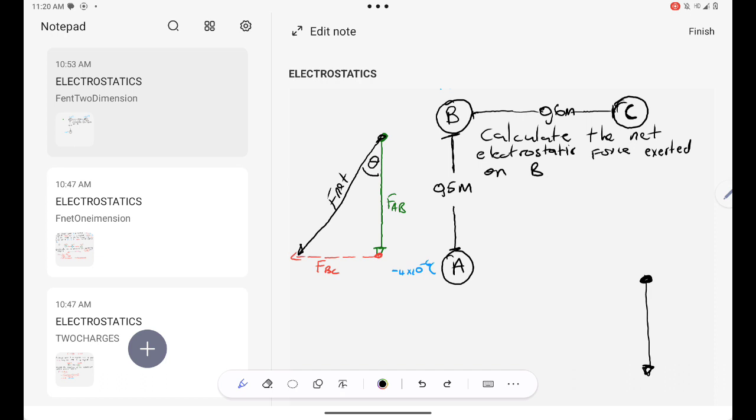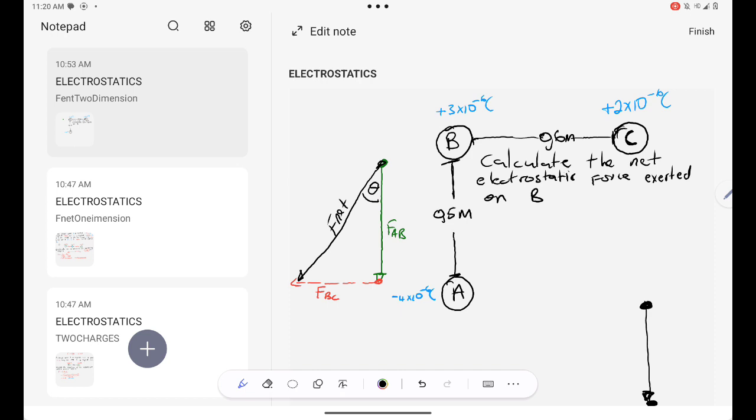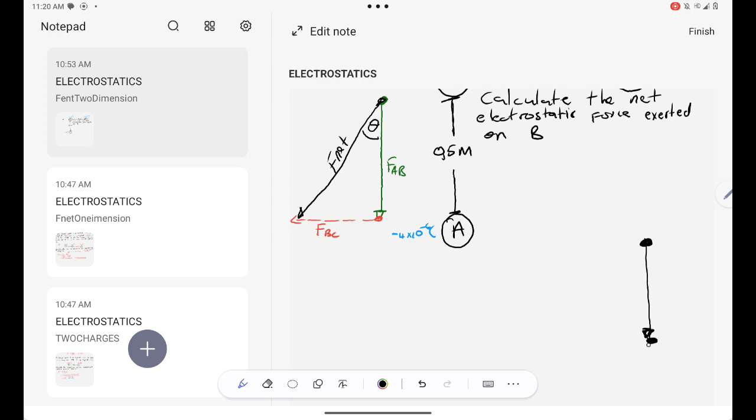Draw from head to tail: from the head of the force between A and B, we start the next force. This will show the force between charges B and C. Since it's a repulsive force, B will be pushed towards the left. So this shows the force between charges B and C, and then our resultant force will just be like this, and you draw your angle theta over there.